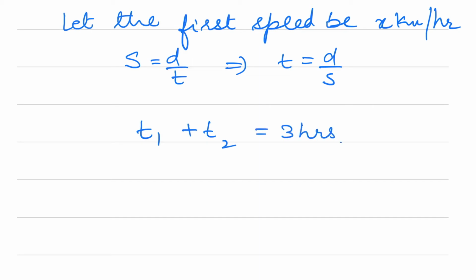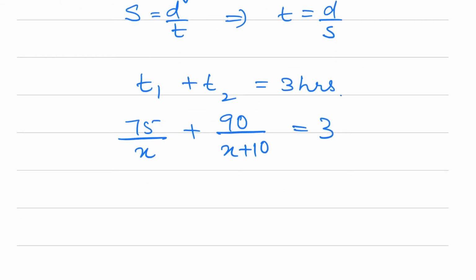Distance for the first journey is 75 kilometers and we took the speed as x, and for the second one it is 90 kilometers at the speed of x plus 10 kilometers per hour. This is equal to 3. Now let's take 3 common. So 25 by x plus 30 by x plus 10 is equal to 1.